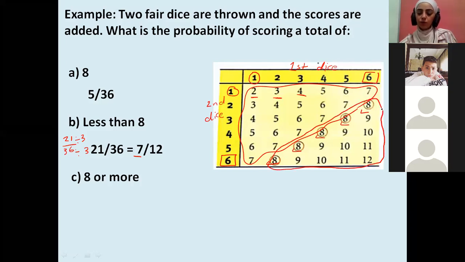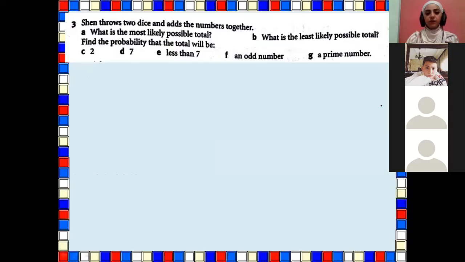If you count them all together, you get 15 over 36. By simplifying it, it's 5 over 12. So it's very important to give your outcomes. Your outcomes are not given all the time. The table is not always going to be given to you. Sometimes you need to draw the table to find the probabilities.